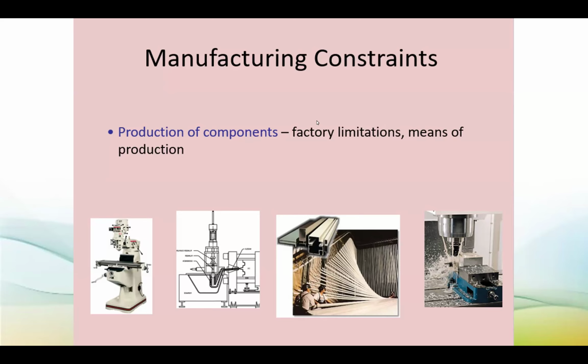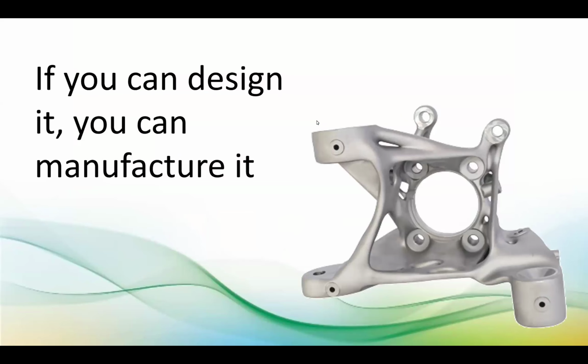But now this manufacturing constraint is not there in engineering design, because nowadays if you can design, you can manufacture it. So that is the major attractiveness of additive manufacturing. The manufacturing constraints of design vanish because of additive manufacturing.